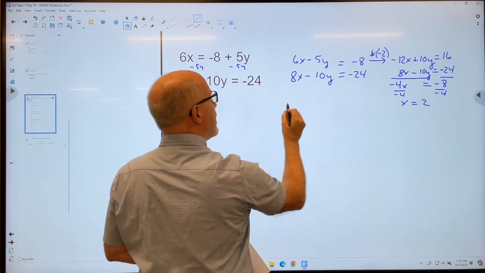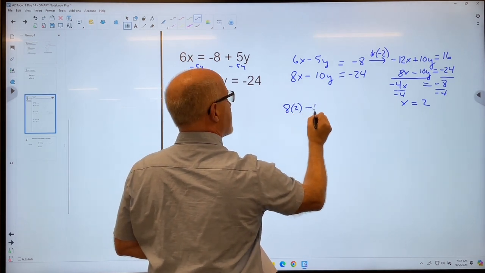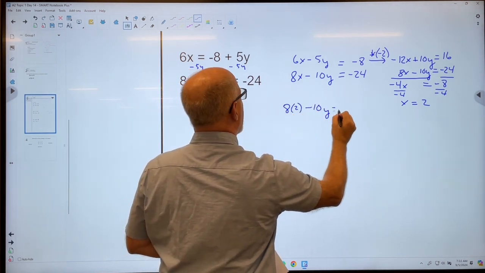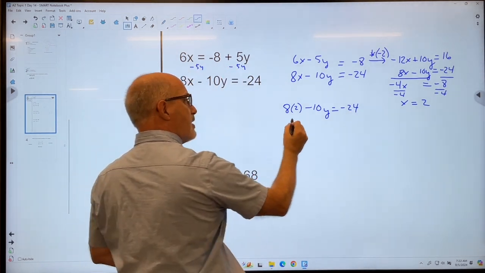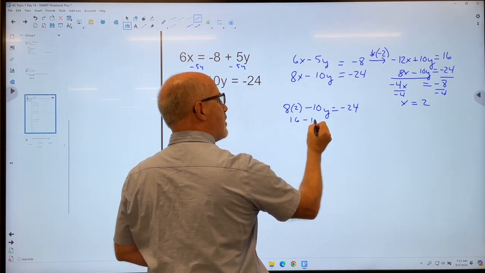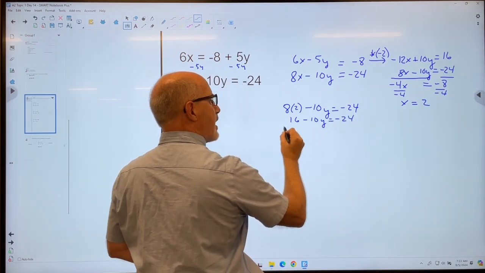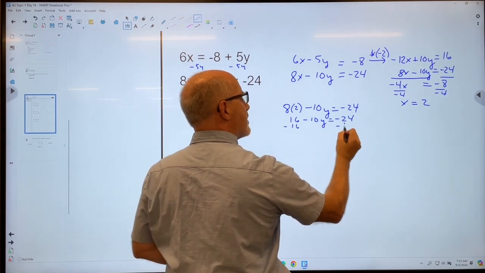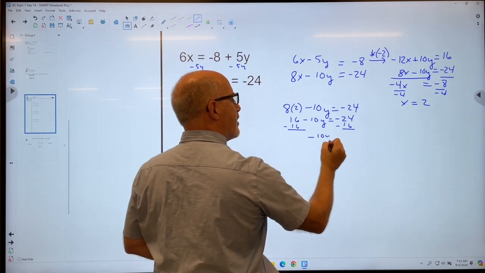So it's 8 times 2 minus 10y equals negative 24. So substitute it in there. Now let's go ahead and solve. 16 minus 10y equals negative 24. Subtract 16 from both sides, and I get negative 10y here.